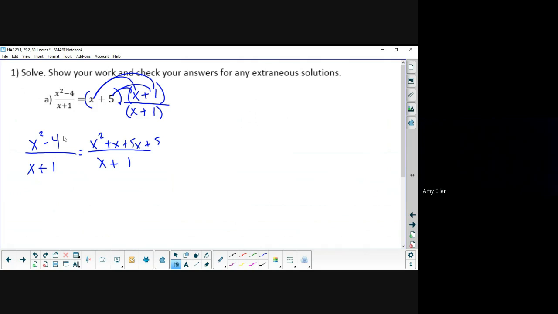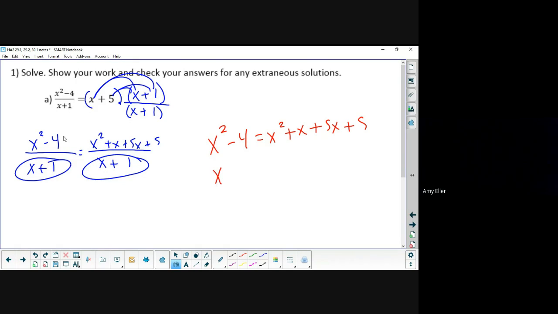I already have fractions on both sides. They have the same denominator. So I just need to set my numerators, make sure that they are equal. I think you guys can do some of this work on your own.